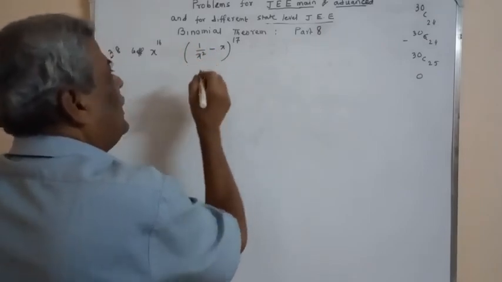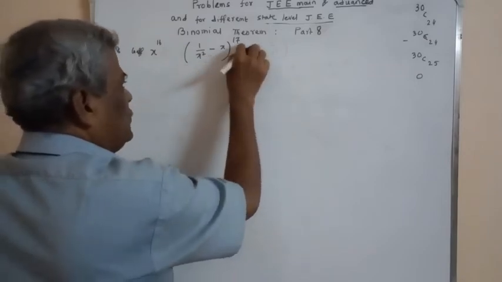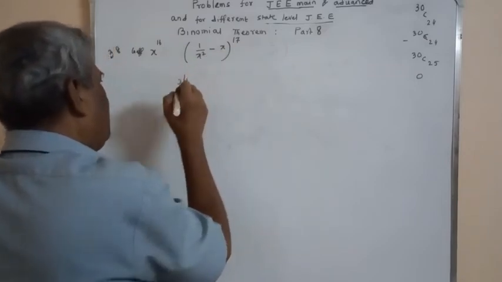Clearly, the first term will contain x to the power -2 into 17, that is -34.